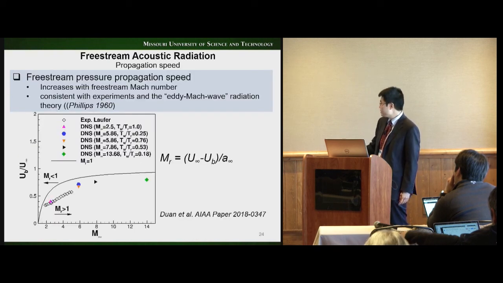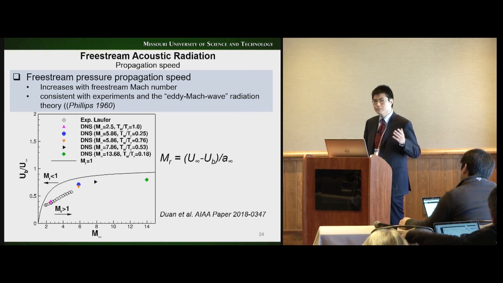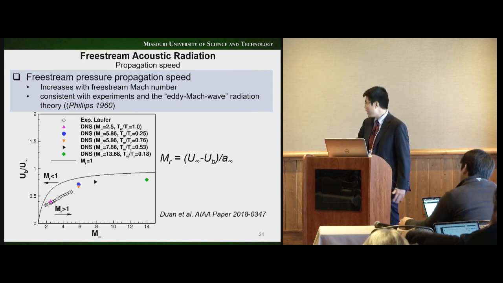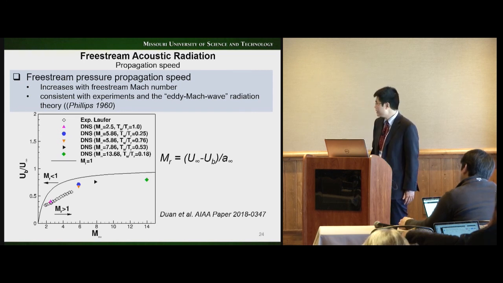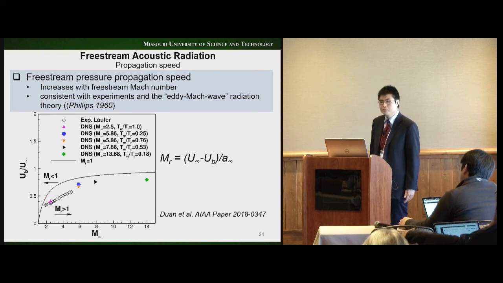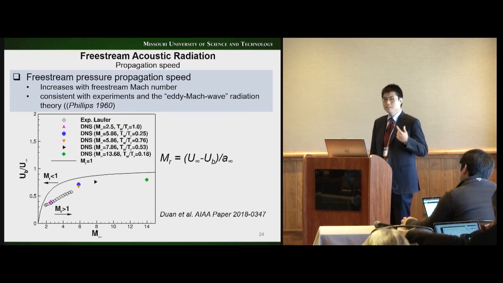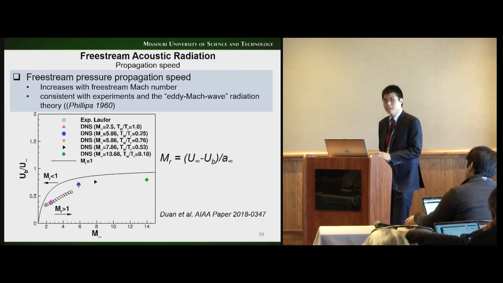And we can also look into the propagation of the acoustic noise. This is the propagation speed of the free stream pressure fluctuation as a function of free stream Mach number. Our data, the solid symbols, is consistent with the classic experiment by Laufer in the NASA JPL tunnel in the 60s.